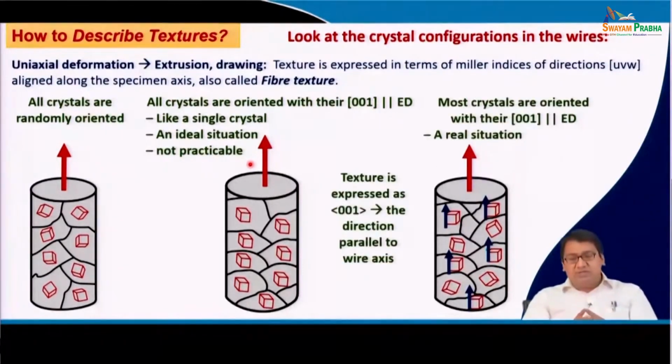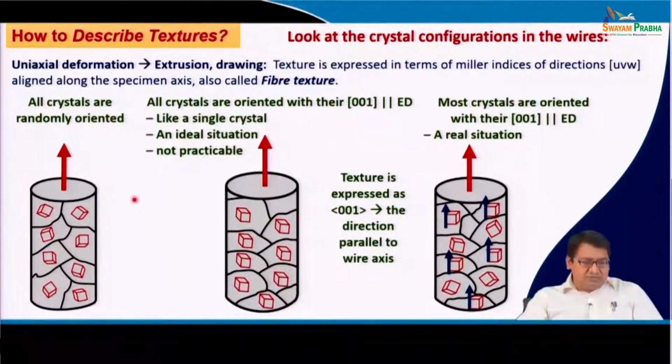In real life, what happens is that most of the crystals will be oriented in a particular orientation. Say in this example, most of the grains are oriented along 100 or 001 parallel to the extrusion direction, and they are, you see, spatially separated by grains which are differently oriented. And so, the texture in this case has to be expressed by 100 fiber texture parallel to the extrusion direction.